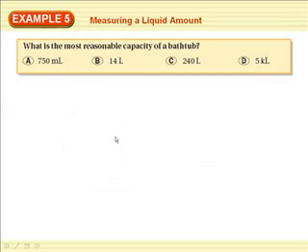So example 5, what is the most reasonable capacity of a bathtub? So how much could it hold? 750 milliliters. Now, I don't know if they gave us any benchmarks for milliliters. A milliliter is about the size of an eyedropper.